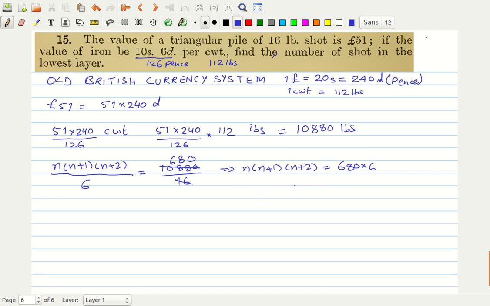Now we know that this is a cubic equation and it's not going to be straightforward to solve, but what we notice here is that these are three consecutive numbers. If we can represent this product as a product of three consecutive numbers, we would be done. So let us try to find the factors of 680. We know that 680 is divisible by 2, then 2 again, 170.